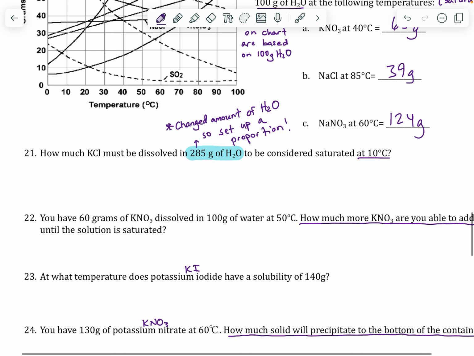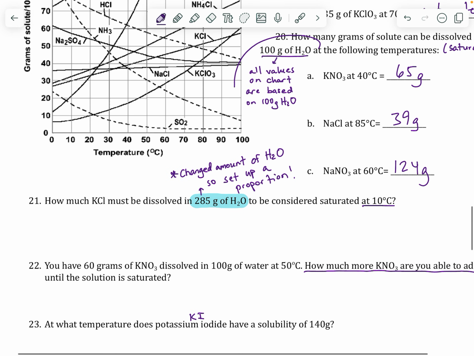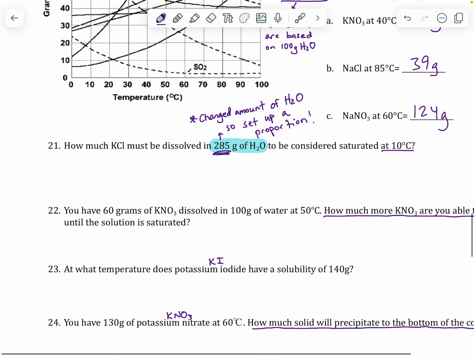In 21, what you notice is there's a difference in the amount of water that we're using here, and so I want us to make sure that we set up a proportion, because remember, we just said that the chart gives us values that can be dissolved in 100 grams of water at certain temperatures. Now we're talking about 285 grams.